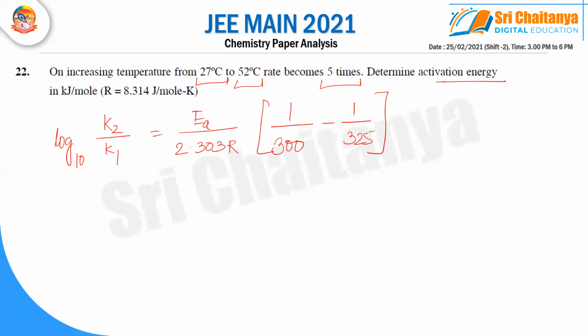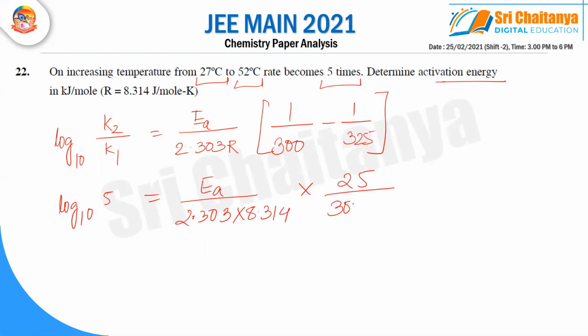Now, if you work on this and simplify, you are going to get log base 10 of 5 equals activation energy, which I need to calculate, divided by 2.303 into 8.314, multiplied by, when you simplify this, 25 divided by 300 into 325. Now you work on this and you get activation energy approximately equal to 51.74 kilojoule per mole.